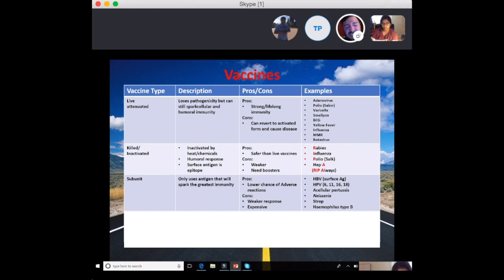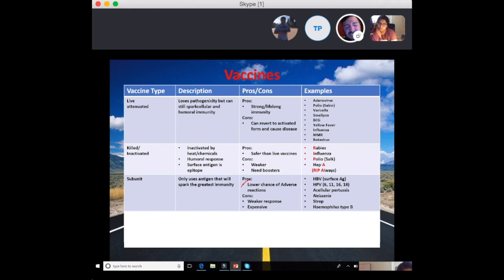So now we have subunit vaccines. And this is where you're only going to use a part of an antigen that will spark the greatest immunity. So the best part about this is you have low chance of adverse reaction because you might not necessarily be using the entire viral particle or bacterial particle.